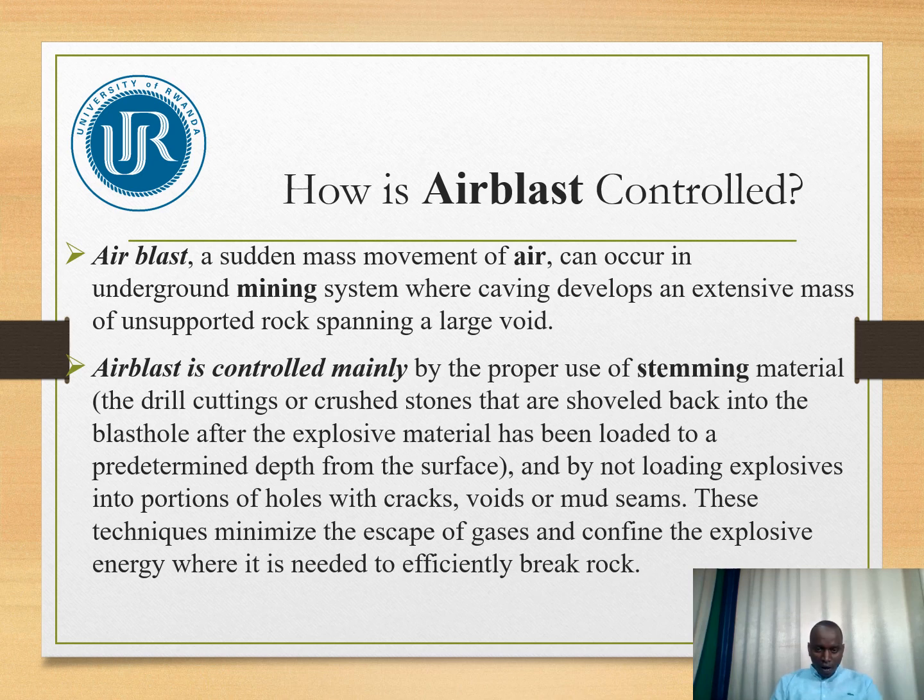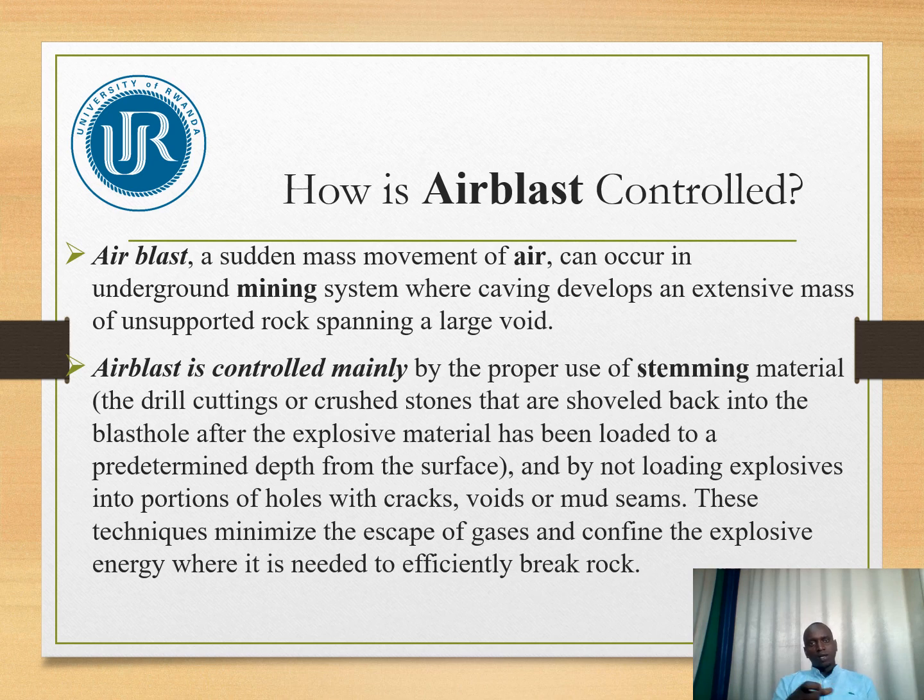Air blast is a sudden movement of air that occurs in underground mining systems where caving develops an extensive mass of unsupported rock spanning a large void. Air blast is controlled mainly by the proper use of stemming, and stemming is the confinement of energy in the blast hole.